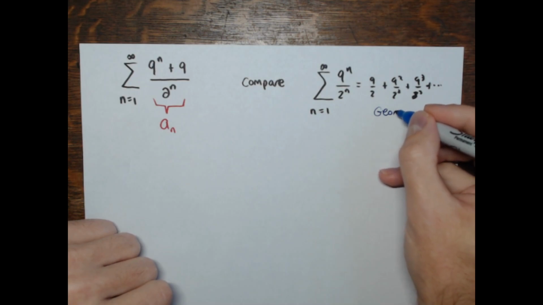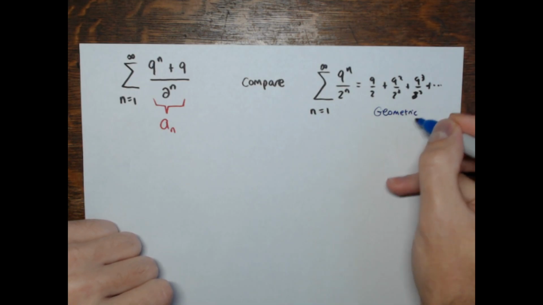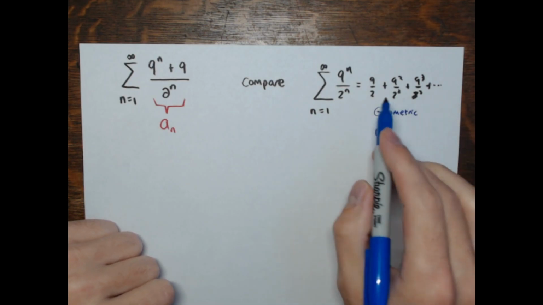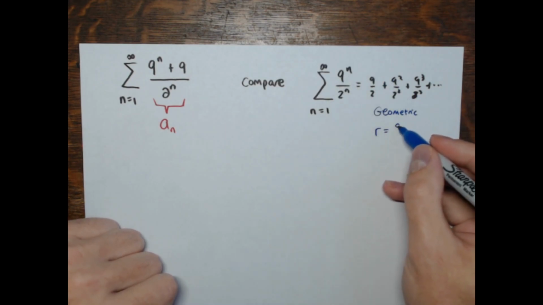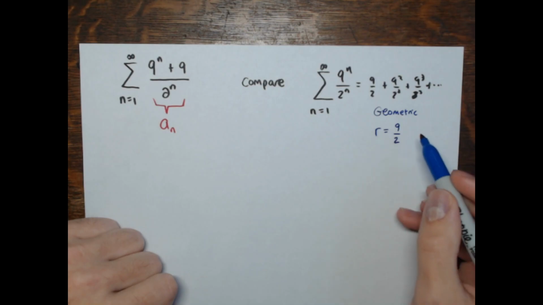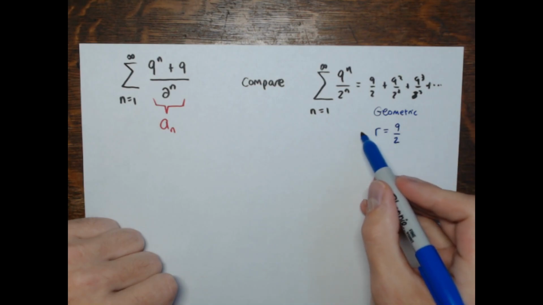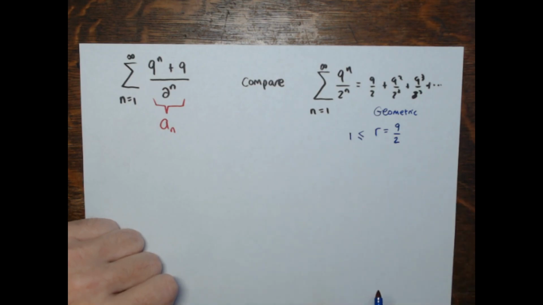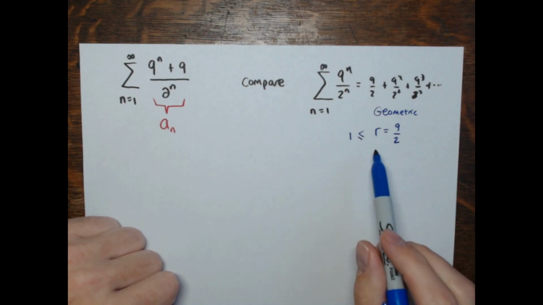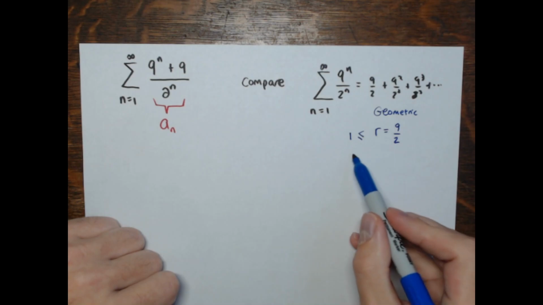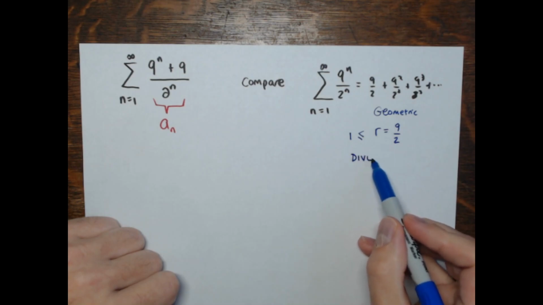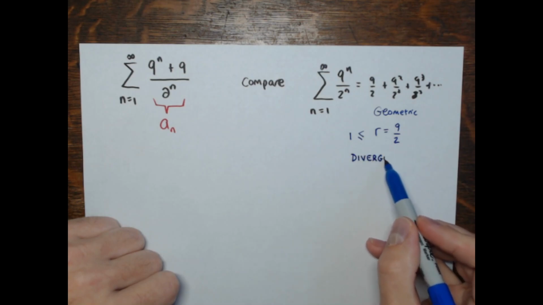They even told us it was geometric. The common ratio here is 9 halves; you would multiply the numerator by 9 and the denominator by 2 every time to get from one term to the next. And unfortunately, this is greater than or equal to 1, it's 4.5. Remember, if the common ratio is not between -1 and 1, you have a divergent geometric series.